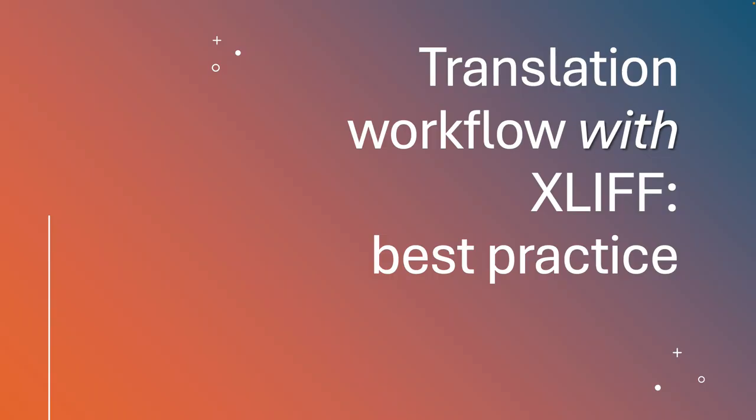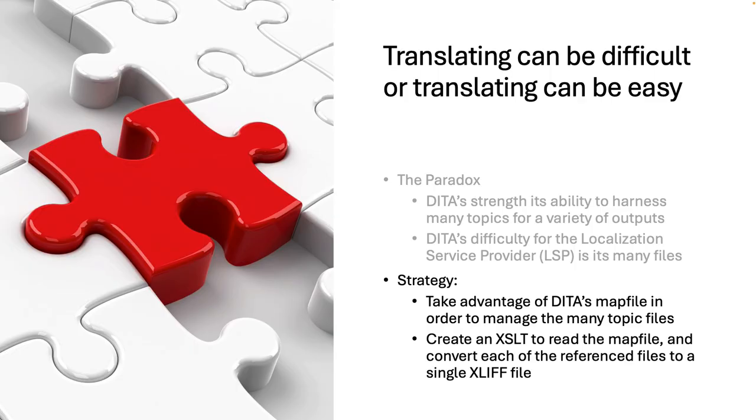So if we go back into that paradox about what's difficult about DITA, the strategy then would be to take advantage of the DITA map files in order to manage the many topics and create an XML style sheet language transformation to read the map file and convert each of the referenced files into a single XLIF file.